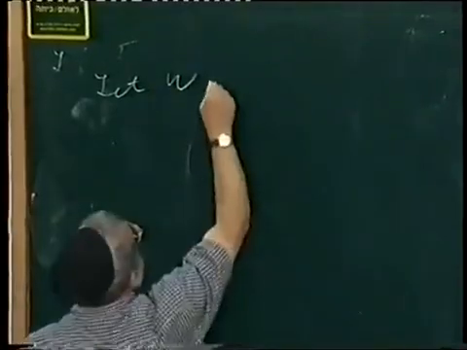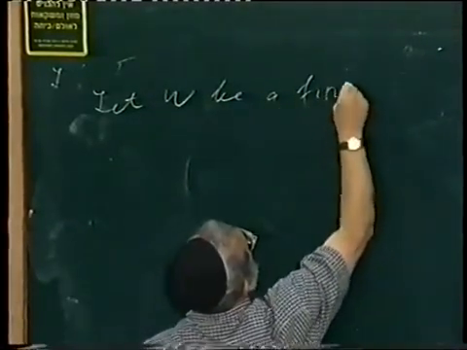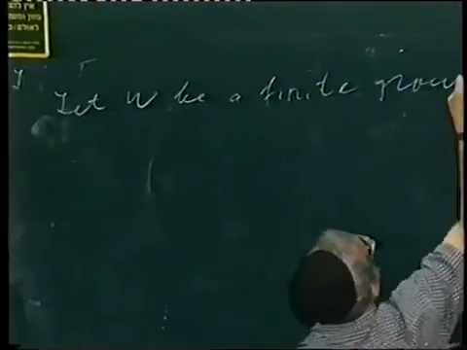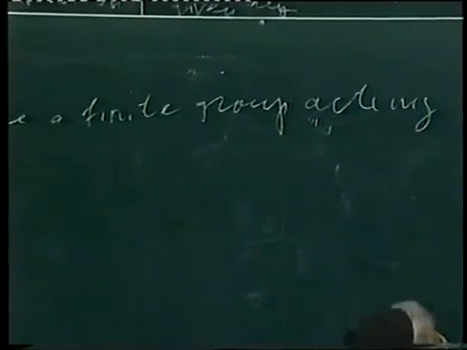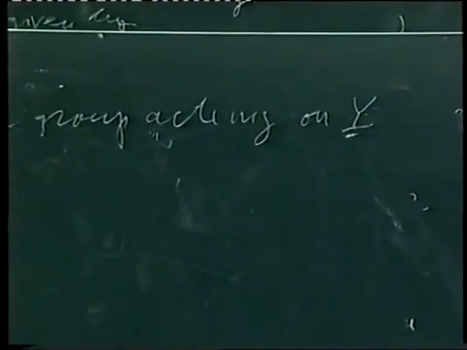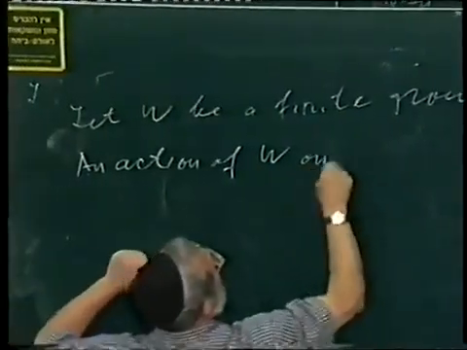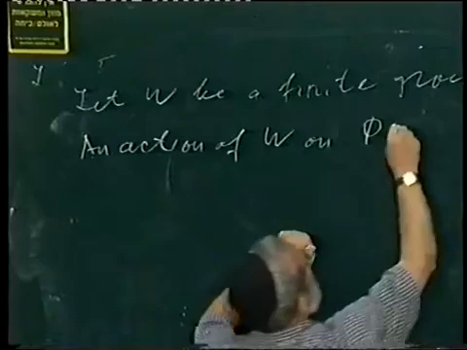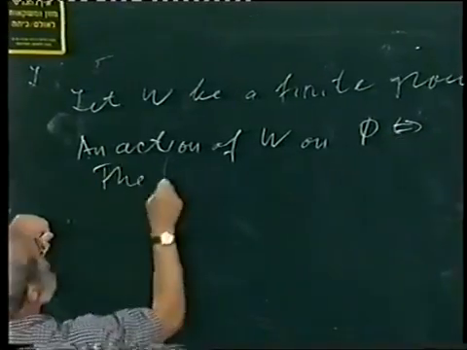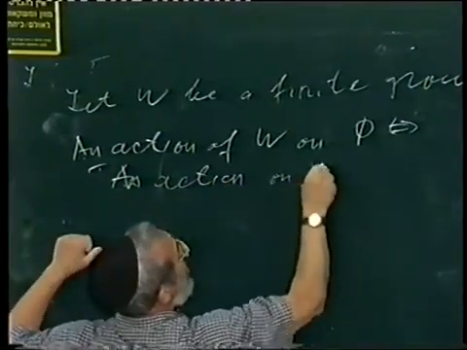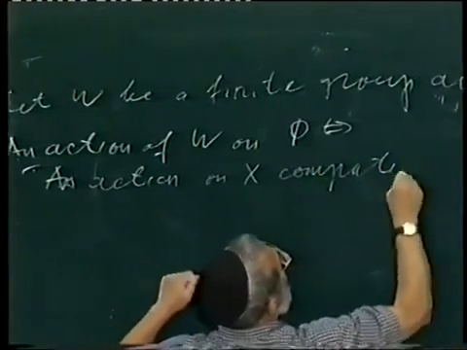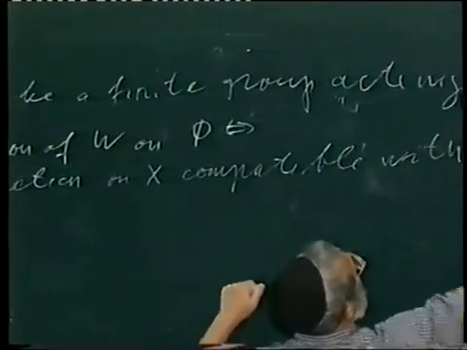Now suppose W is a finite group acting on Y. A lifting, an action of W on phi, is an action on X compatible with p, f, omega.